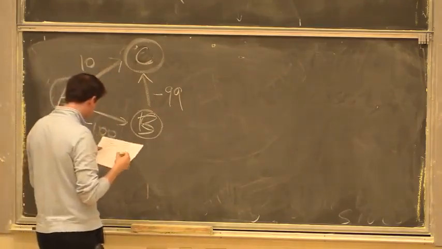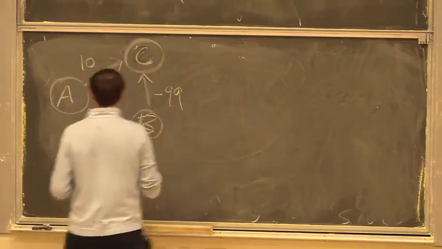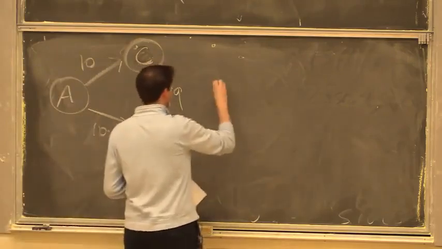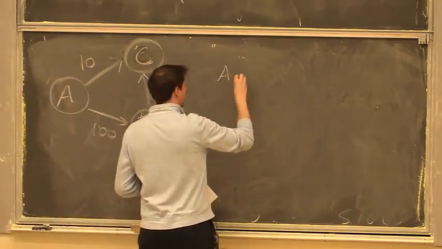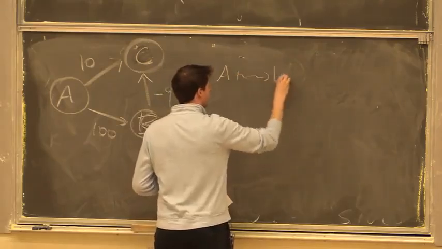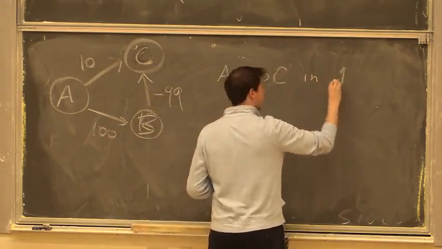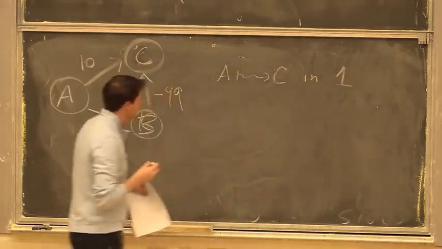Now the shortest path from A to C is this one over here, right? So you can go from A to C in length 1, right?